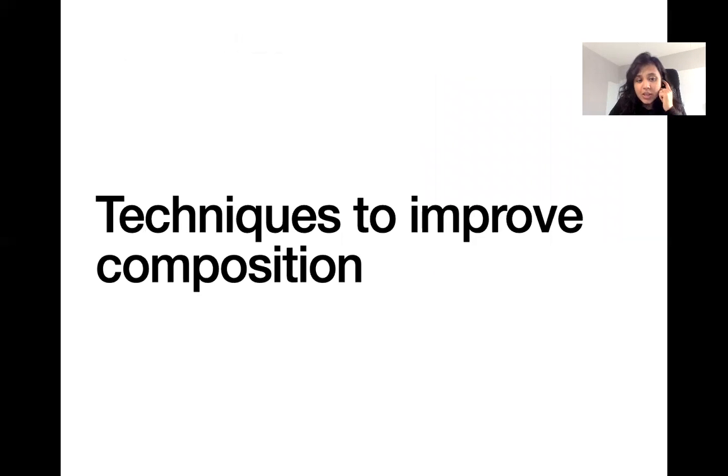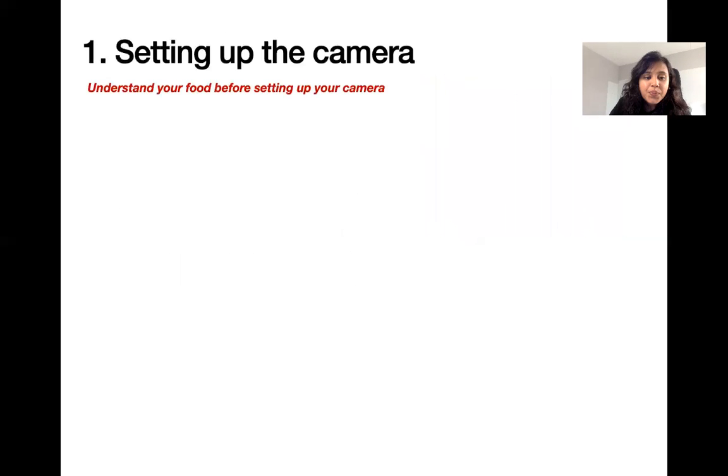So, what are the ways in which we can improve our composition? Primarily, there are three ways which I will be discussing here. The first one is very basic but still a foundation in building up the photography, and that is setting up the camera.